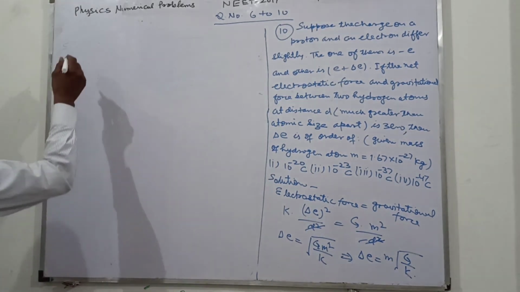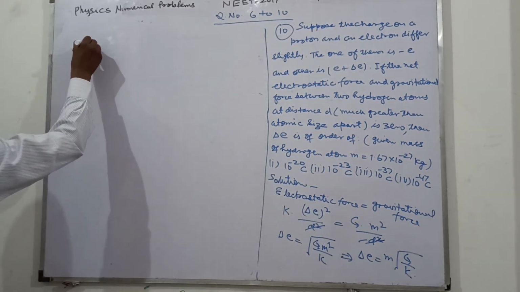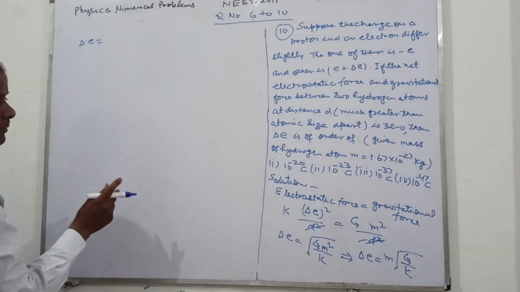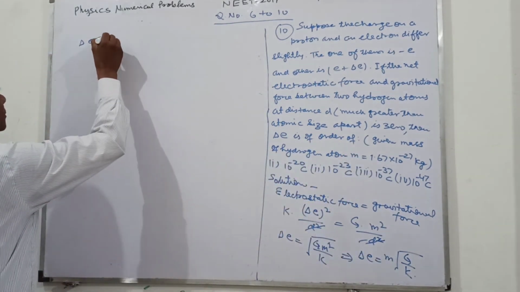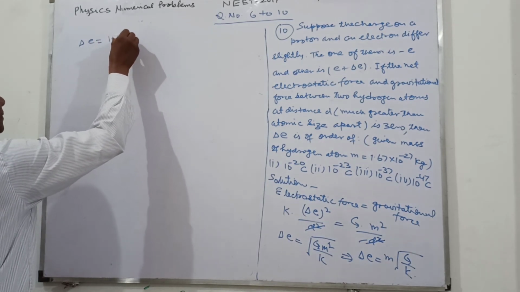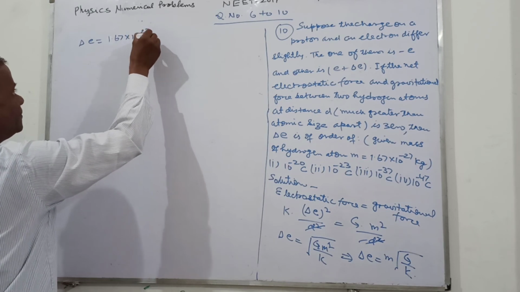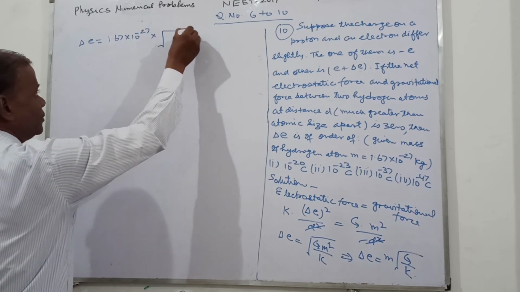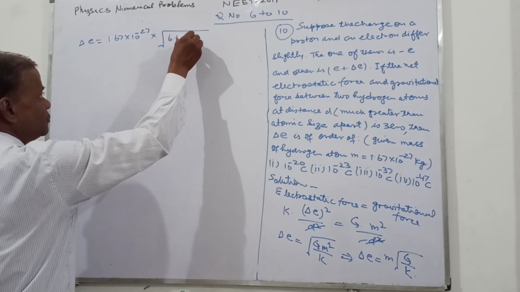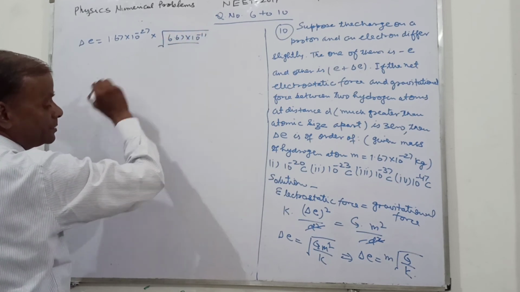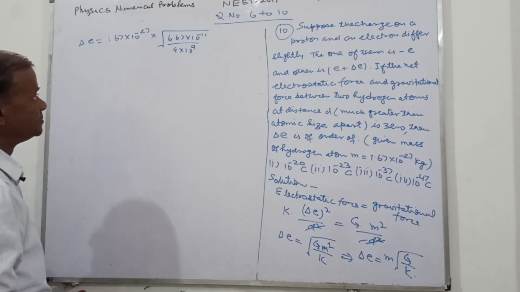So now this delta e is 1.67 into 10 raised to the power minus 27 into square root of G, 6.67 into 10 raised to the power minus 11, upon K, 9 into 10 to the power 9.